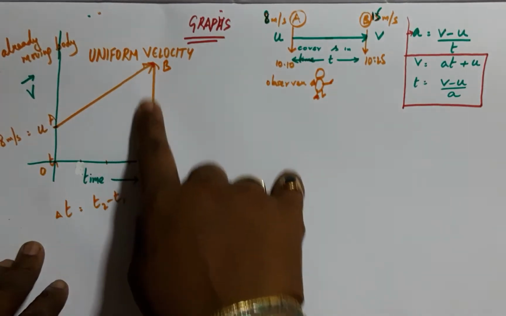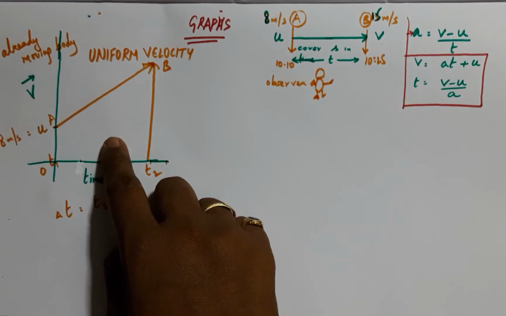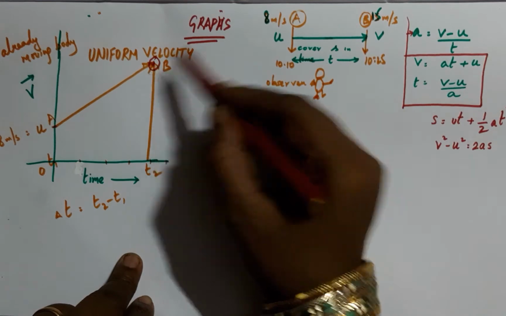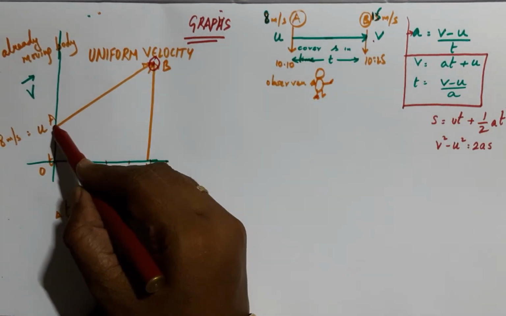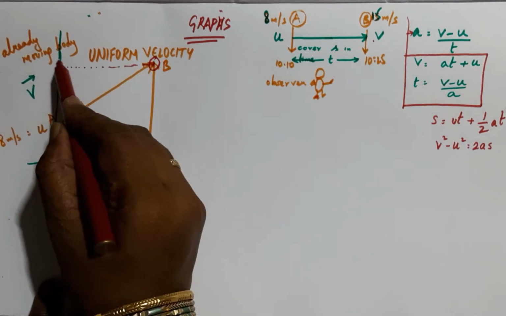And this area under the graph gives the displacement derivation. Since the car has reached this point, this would be the final velocity, this being initial, and the value can be noted at this point on the graph.